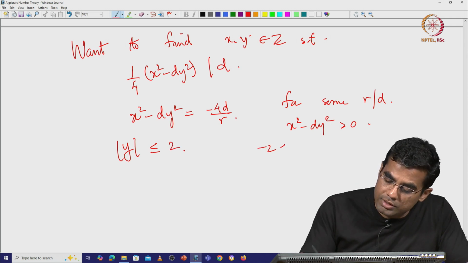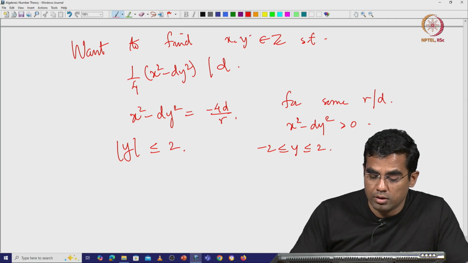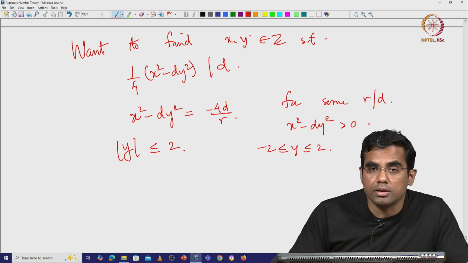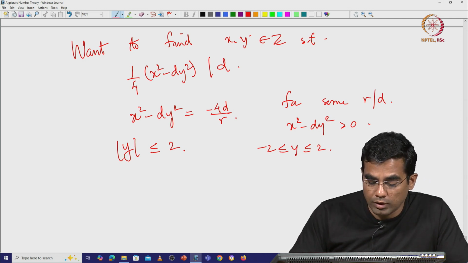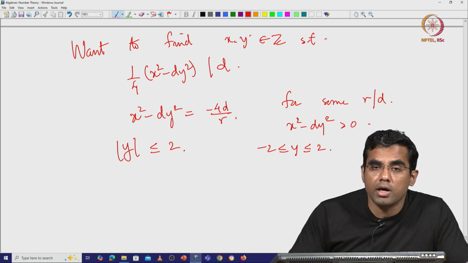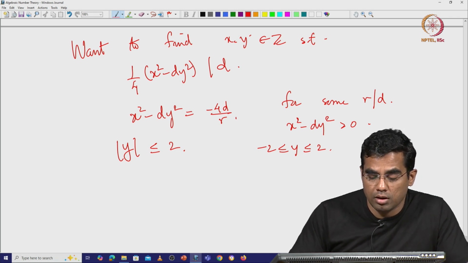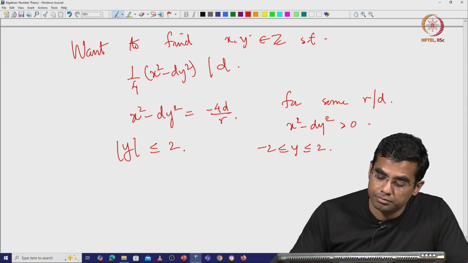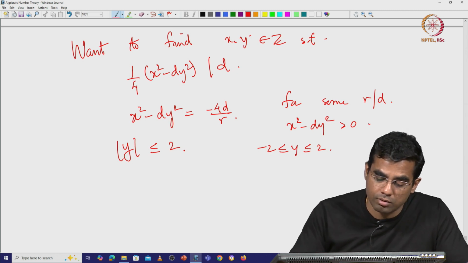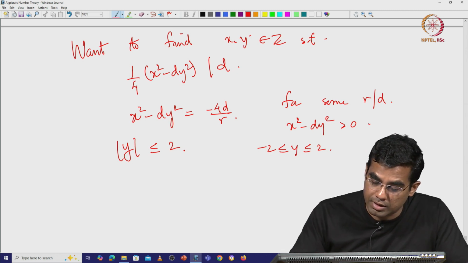Right. So, minus 2 is less than or equal to y is less than or equal to 2, because if y is bigger than 2, then minus dy square will be bigger than minus 4d, which is already the quantity on the right hand side.